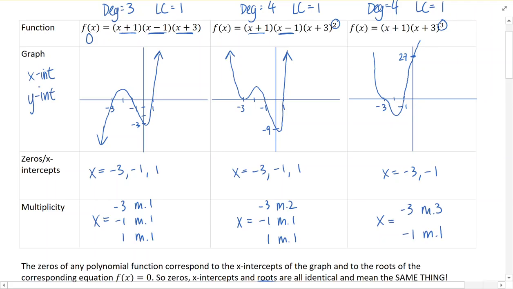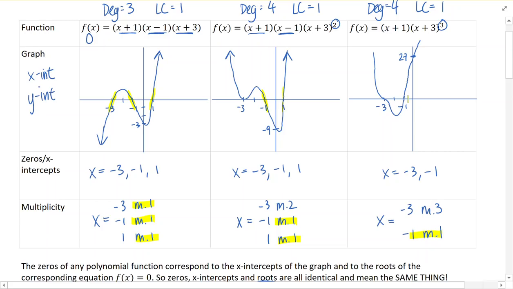Now I just want you to quickly take a look at, when it's multiplicity of 1, what does the graph look like around those roots or x-intercepts? If you have a multiplicity of 2, what does that look like? And multiplicity of 3? As you can see, I'm going to use different colors. Multiplicity of 1, they just go through the line.